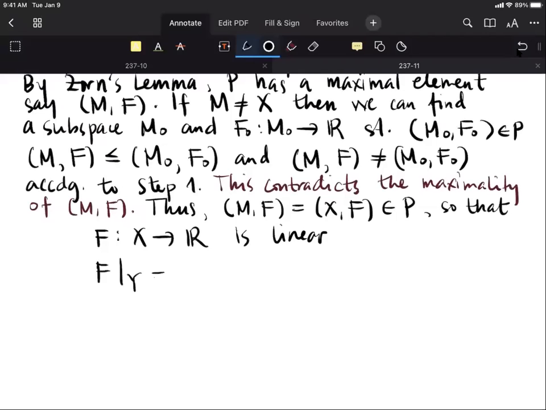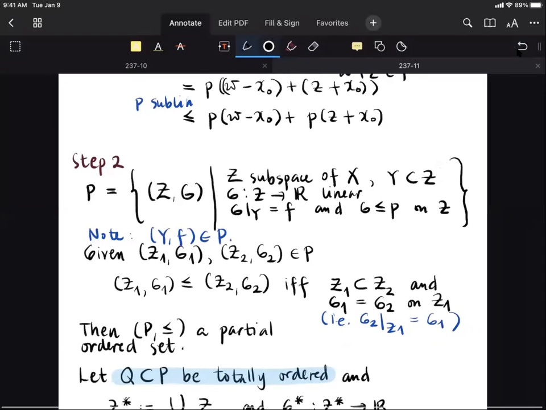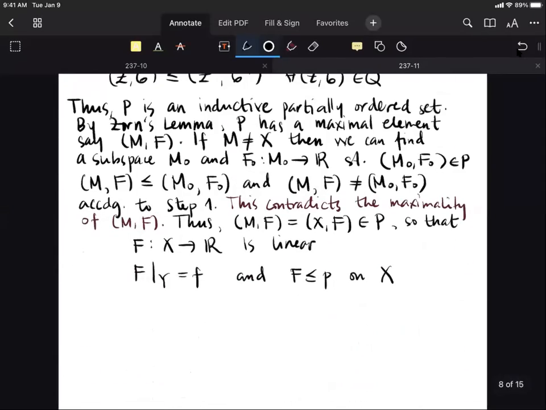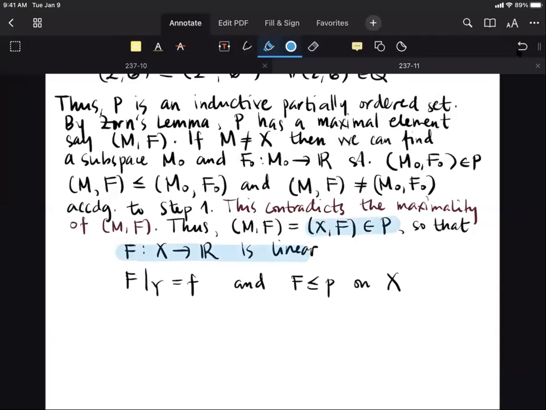The restriction in Y is f, and F is less or equal to p on Z, or M, or X. So here you just replace this by M or the case of X. These three properties stated here follow from the definition of your partially ordered set P. And this is what we would like to establish.